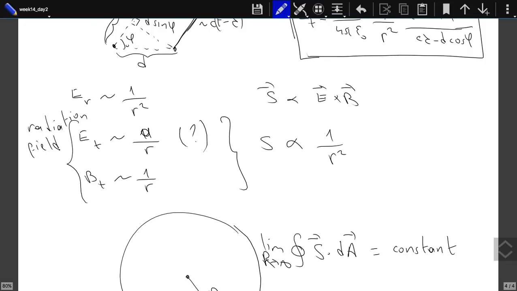But that energy is significant only in the near vicinity of that charge. If you go away from the charge, there is no energy left. But if there is acceleration, then I have these 1 over r fields. And these 1 over r fields, they just go until infinity. Or let's say very far away distances. So that is what we are trying to prove.